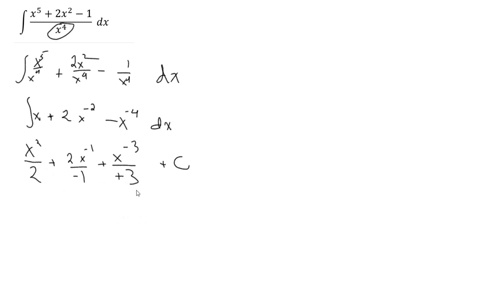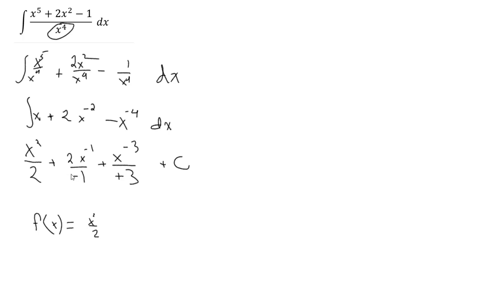We can simplify it a little bit to make it look nicer. So we'll just go ahead and do that. F of x equals x squared over 2. And then we can move this x to the numerator.